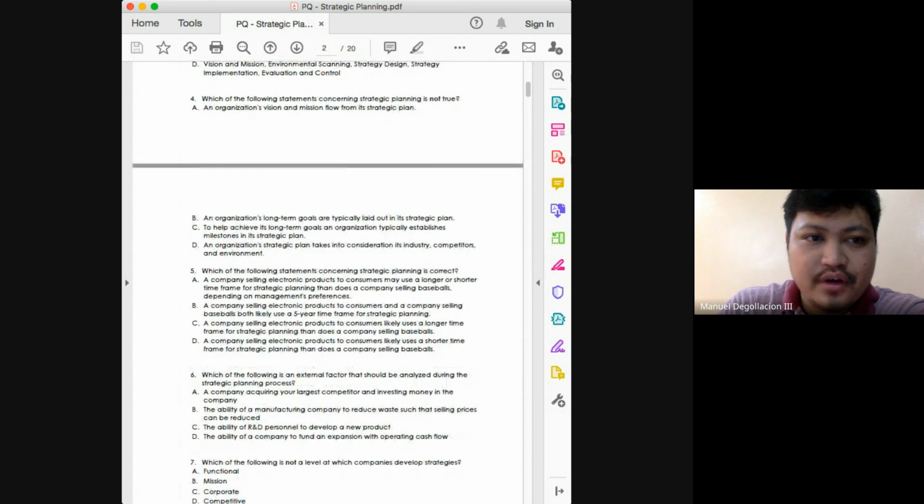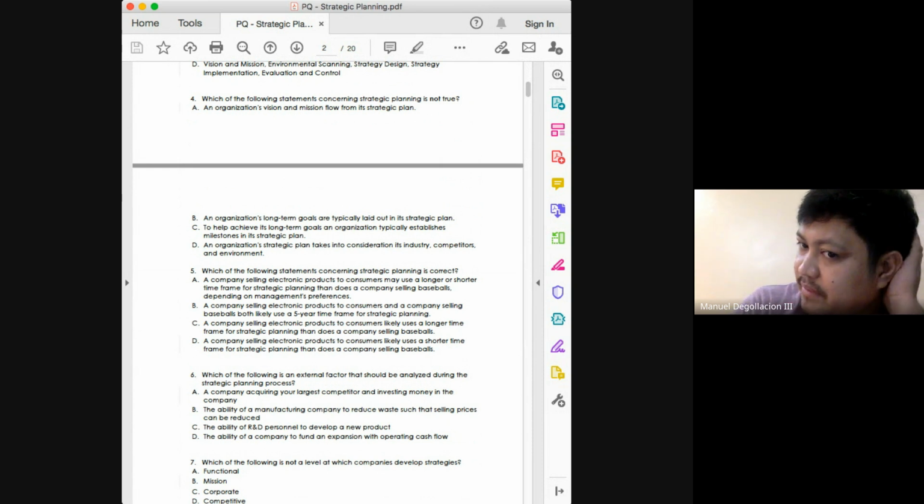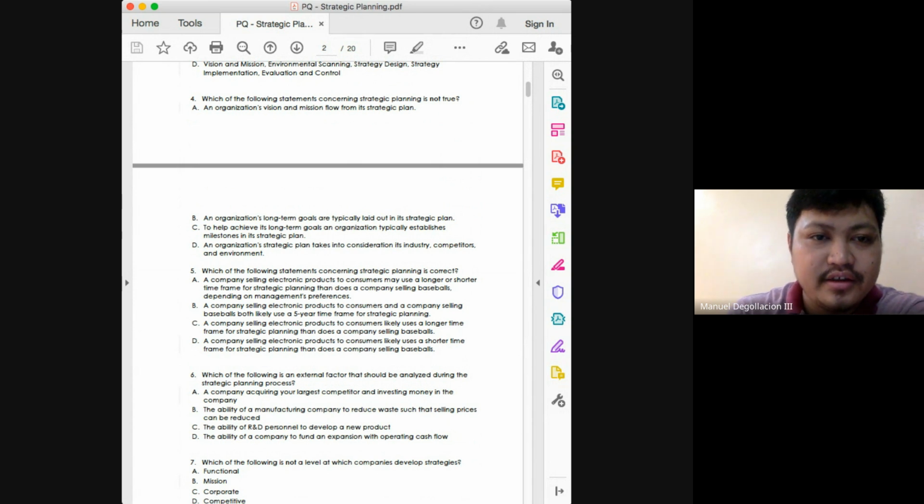Number four, which of the following statements concerning strategic planning is not true? The answer here is letter A. An organization's vision and mission flow from its strategic plan. That's incorrect. It's the strategic plan that should flow from your vision and mission. Since we know the answer here is letter A, and that is the false statement, that means letter B, C, and D are correct statements concerning strategic planning.